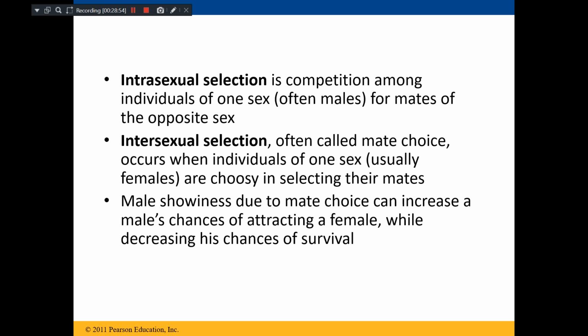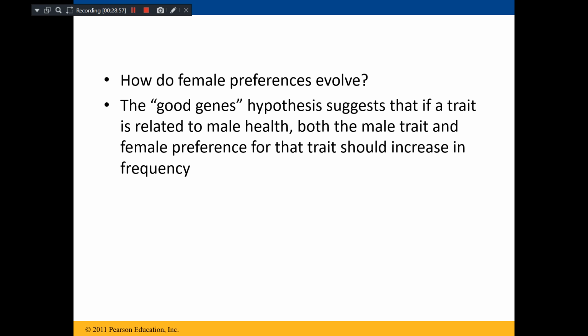Then, okay, this is for the male genes. But how do female preferences evolve? The good gene hypothesis suggests that if a trait is related to male health, both the male trait and female preference for the trait should increase in frequency. What do you mean by good gene hypothesis?